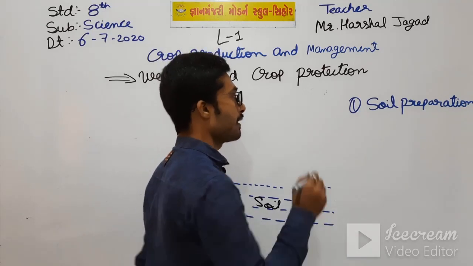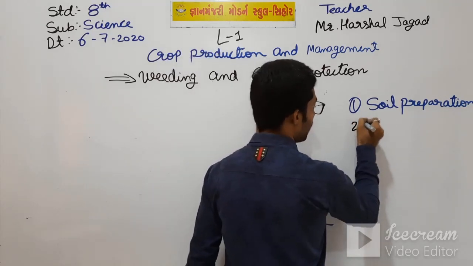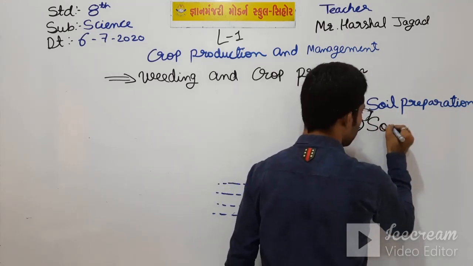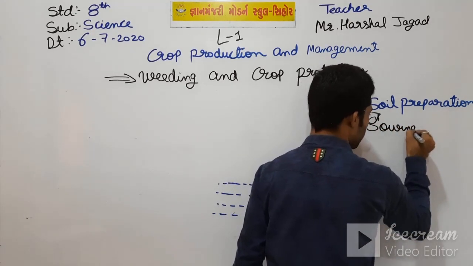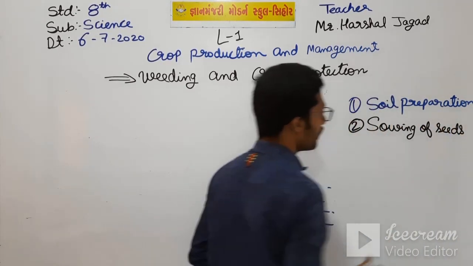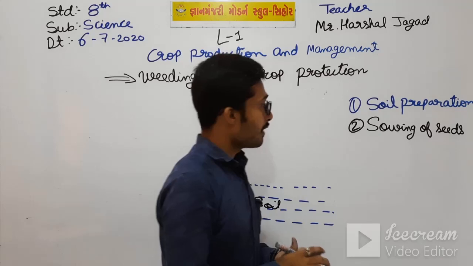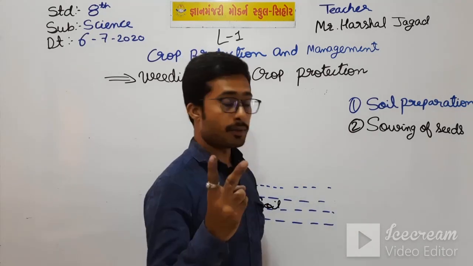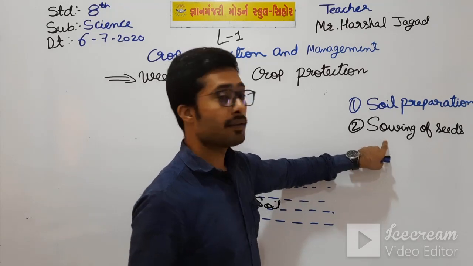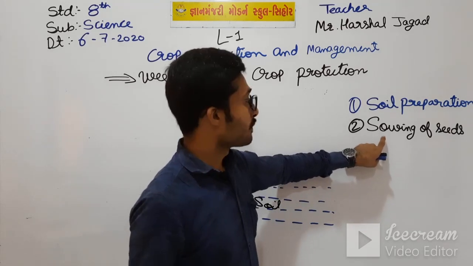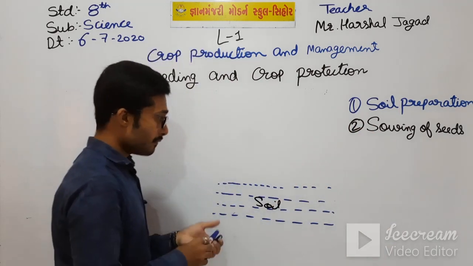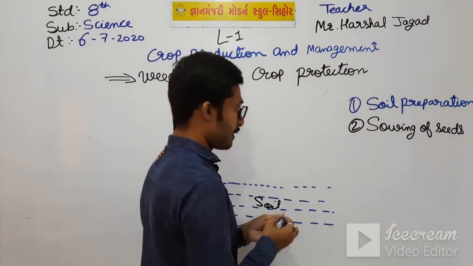So the soil is prepared, then sowing of seed. In this sowing of seeds there are two methods, using seed drill or using the manual method.